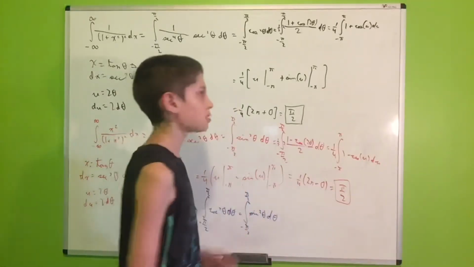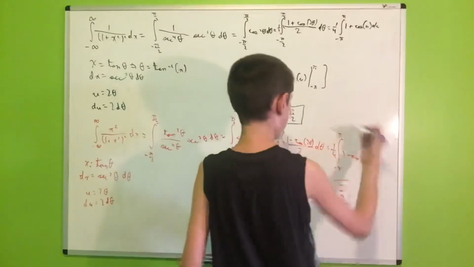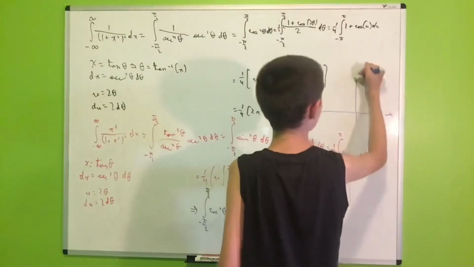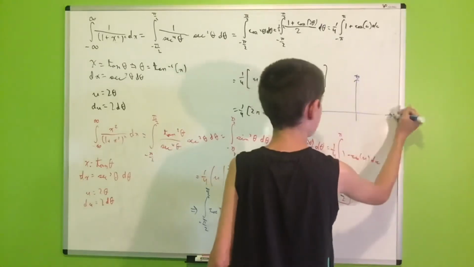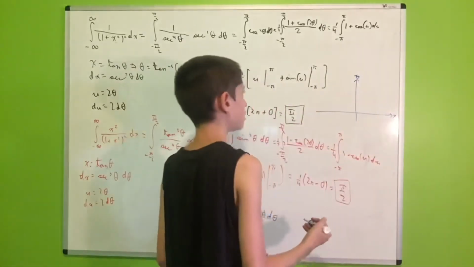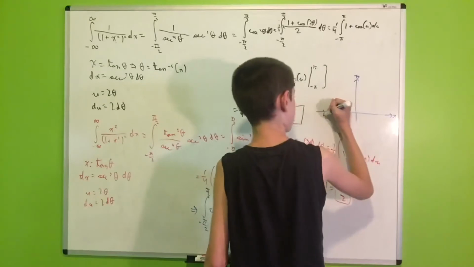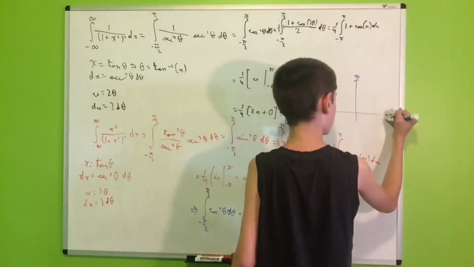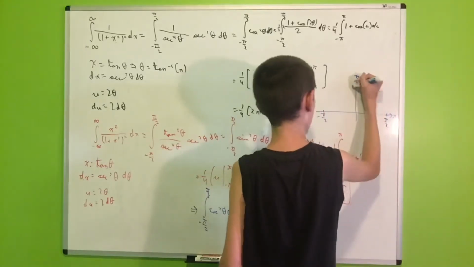And this can easily be verified by taking a look at the graphs. Yes, proved by graph. We have reached a new level of mathematical rigorousness on this channel. So let's see, this is pi over 2, negative pi over 2. This is going to be pi over 2, and this is going to be 1.